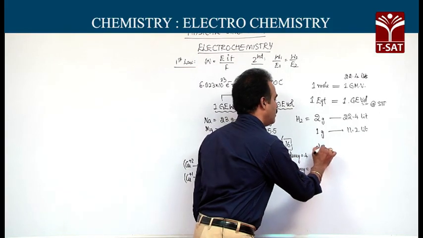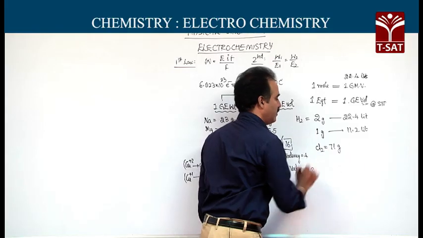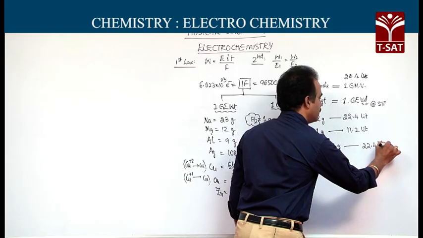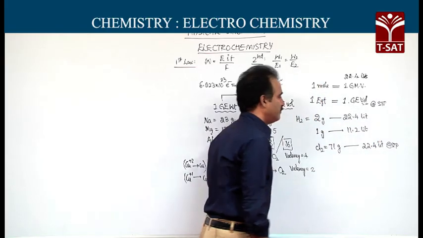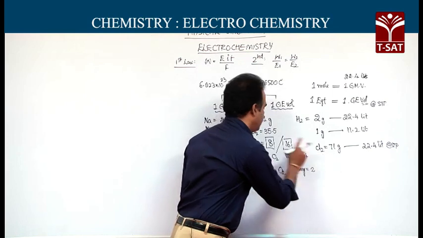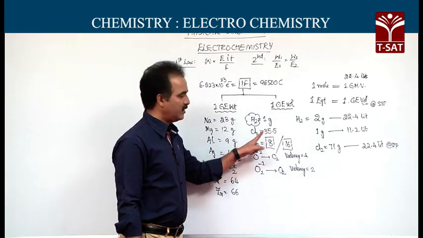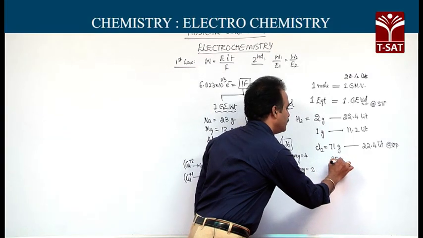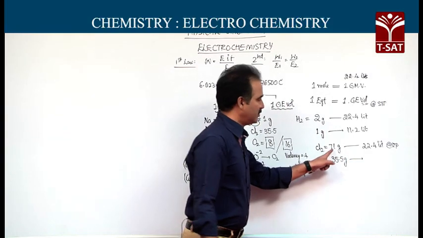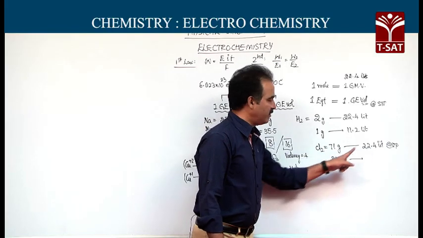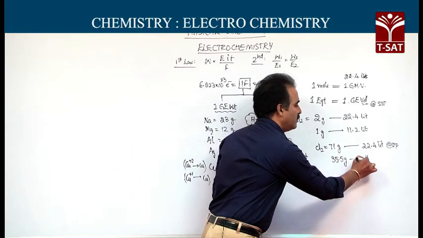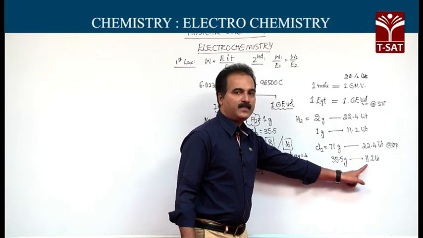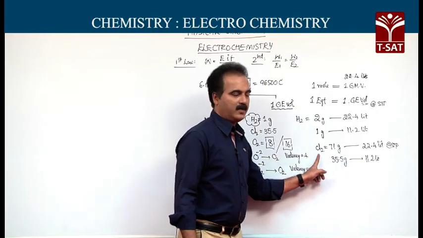Similarly, chlorine molecular weight is 71 grams, which occupies 22.4 liters at STP, whereas 1 gram equivalent of chlorine is 35.5 grams, which will occupy 11.2 liters. This is called the gram equivalent volume of chlorine gas.